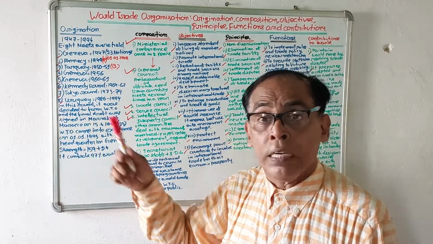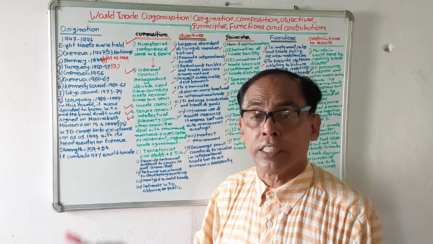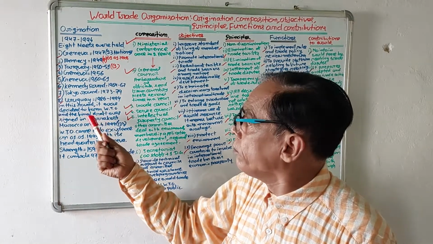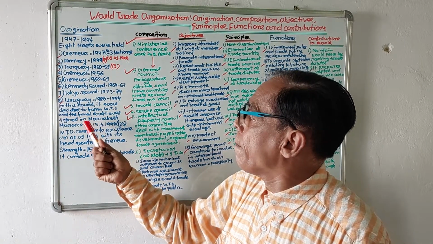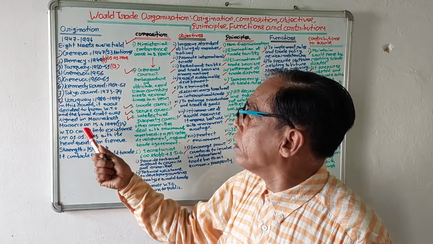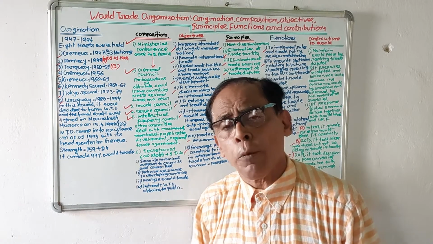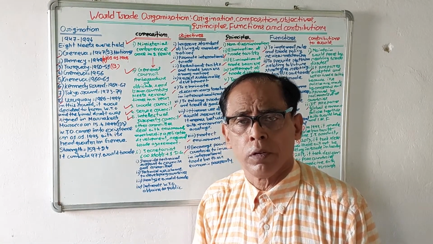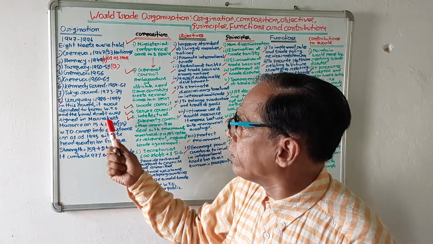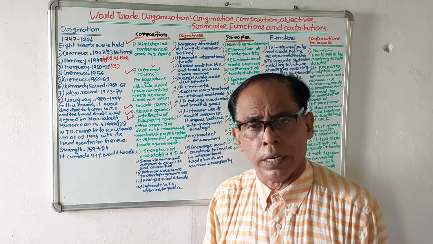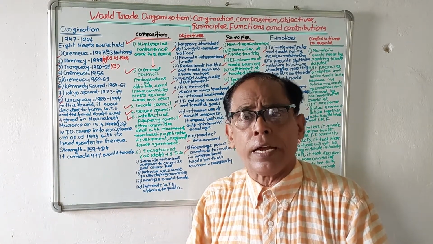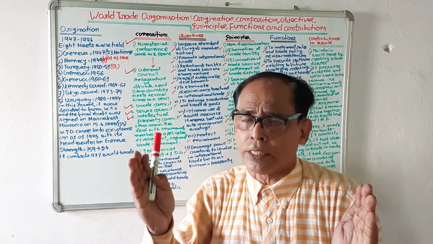And 123 nations gave their signature. They approved it in Marrakesh in Morocco. So the result of final rounds of discussion were signed by 123 nations, and in this round it was decided to form World Trade Organization.